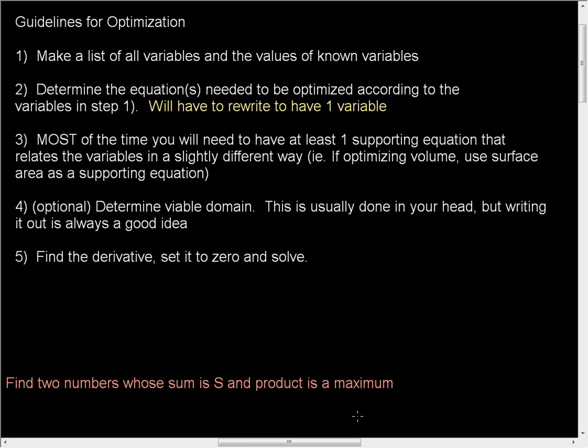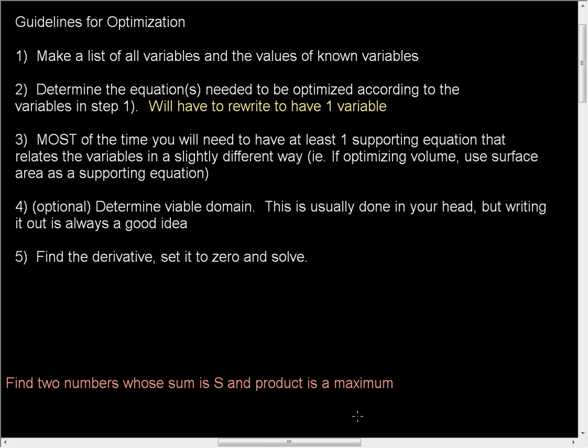So I want to optimize my two numbers, or the relationship between my two numbers, so that the product of the two is a maximum. Okay, and so this sounds like, why would I ever use this? Well, if you're a landscaper and you only have X amount of fencing, then you can figure out what is the best shape that I can put this in to maximize my area of confinement?